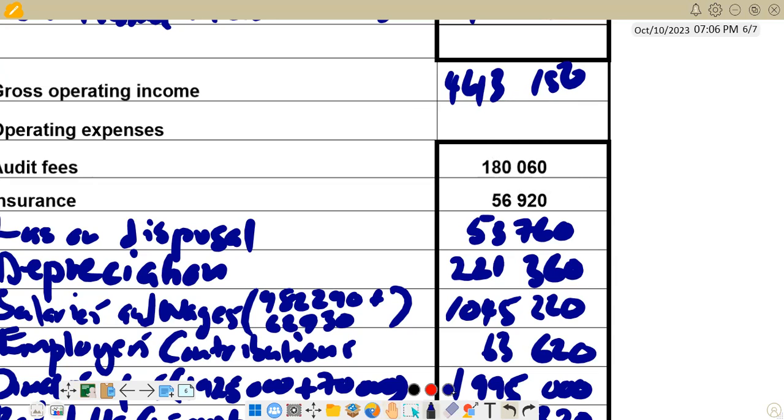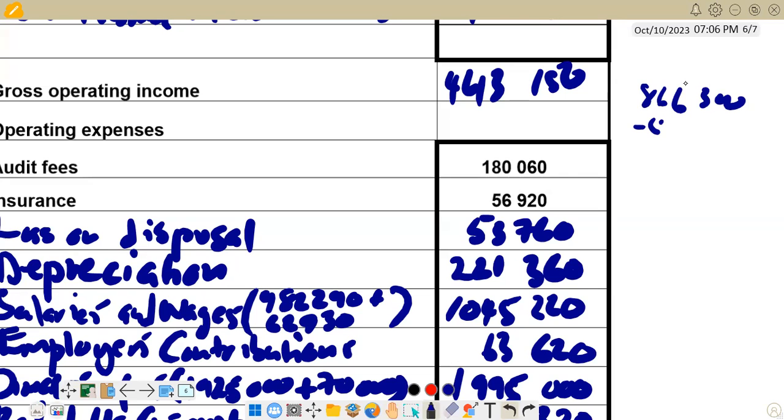So let's try to put the formula there. Remember, operating profit, we found it as 866,300. Then we subtract the figure that we have there.